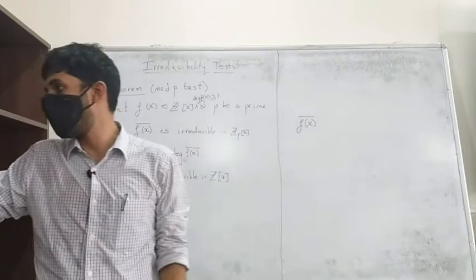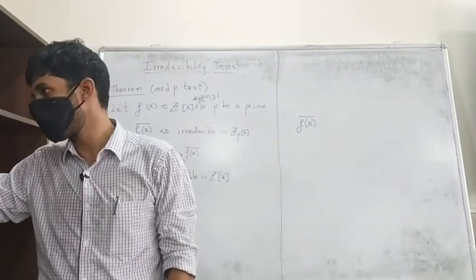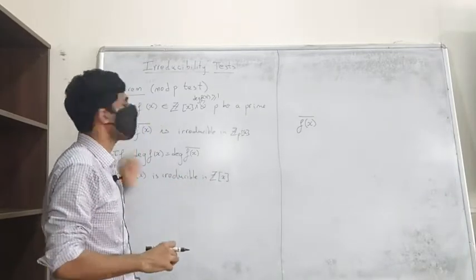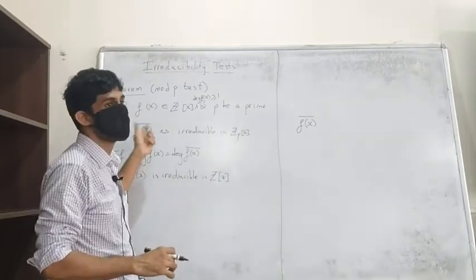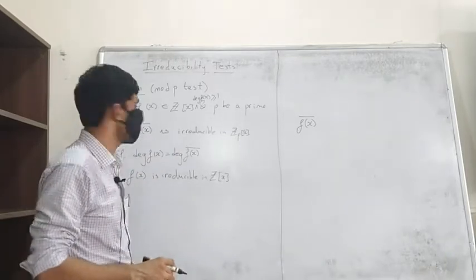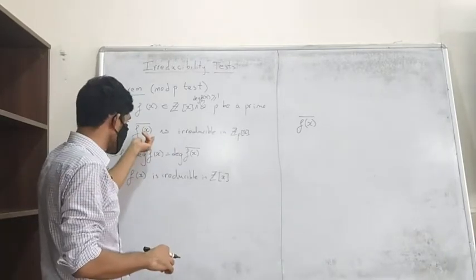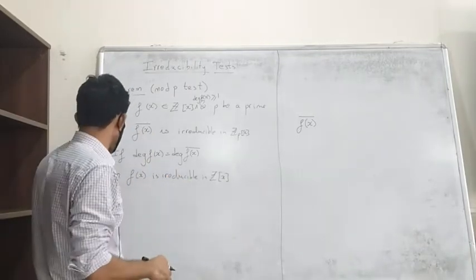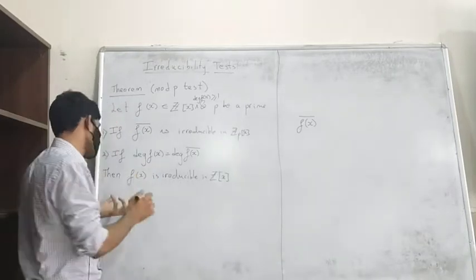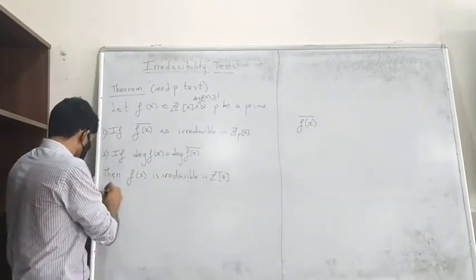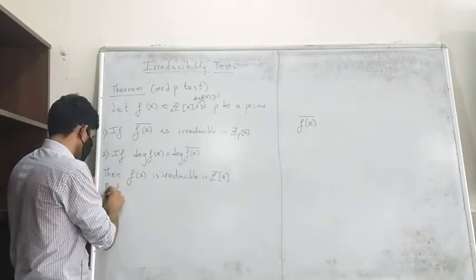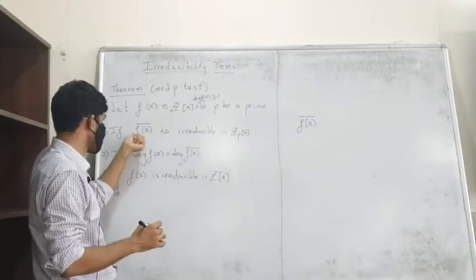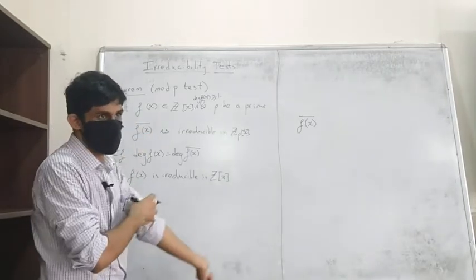So it is enough if we show that if f(x) is reducible, then f(x) bar is reducible. Let's assume that this is reducible, and in fact we'll get a contradiction which says that this is reducible.